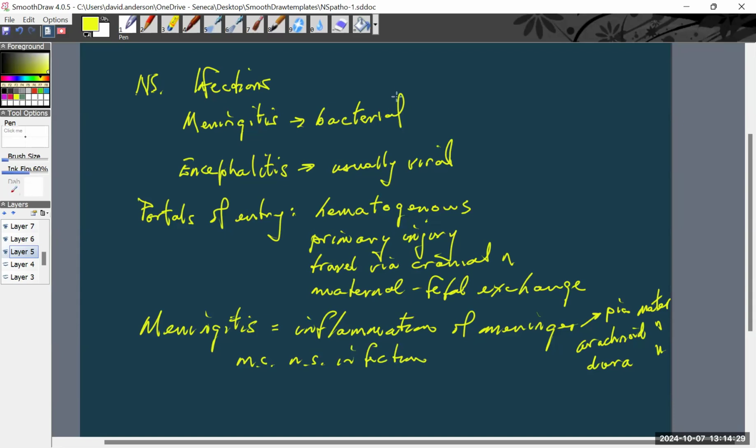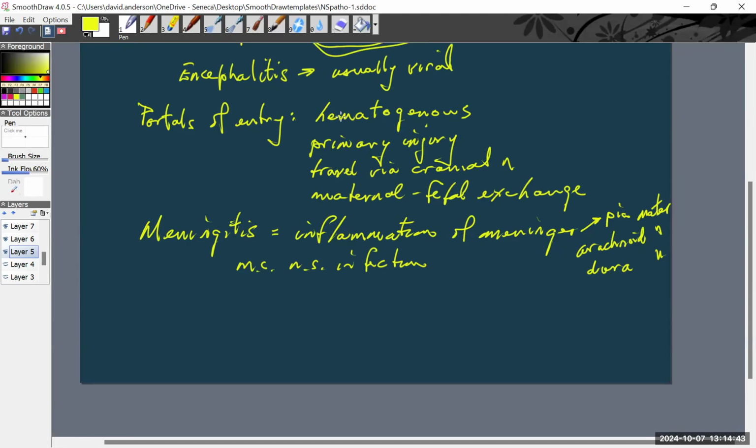And remember, we said that meningitis is usually bacterial. People who are going to be at risk for contracting meningitis are people that have a higher risk in immunocompromised patients.